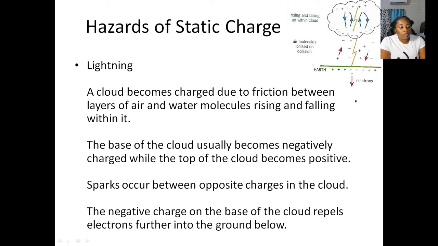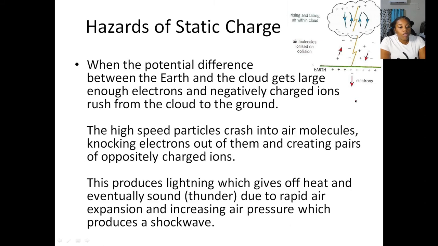And so sparks occur between opposite charges in the cloud. The negative charge on the base of the cloud repels electrons further into the ground below. When the potential difference between the earth and the cloud gets large enough, electrons and negatively charged ions rush from the cloud to the ground.